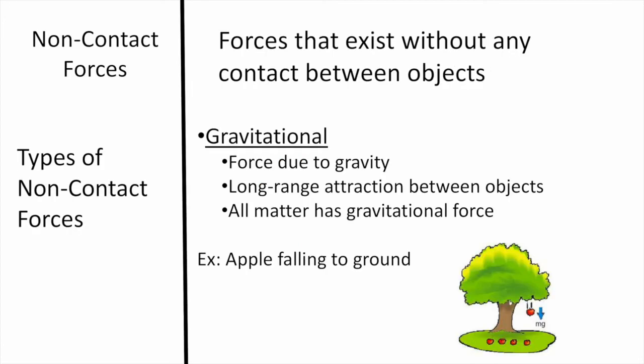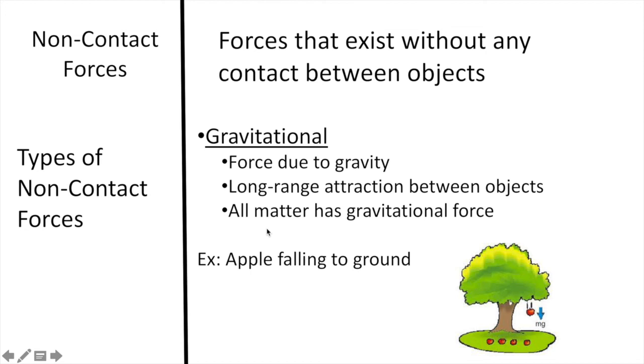So we've covered all of the major contact forces. Let's talk about non-contact forces. These are forces that exist without any contact between objects, and one kind of non-contact force is gravitational force. This is due to gravity, and gravitational forces are long-range attractive forces that are between all objects that have mass.